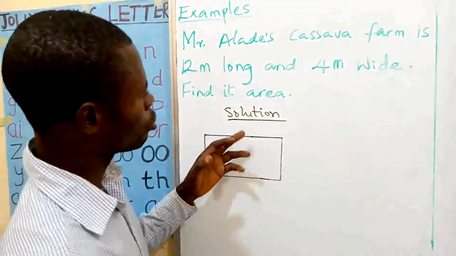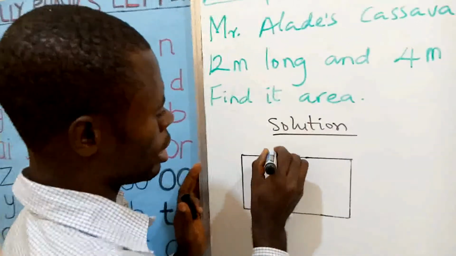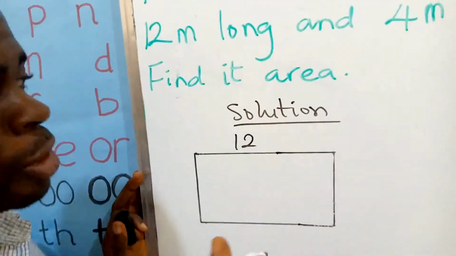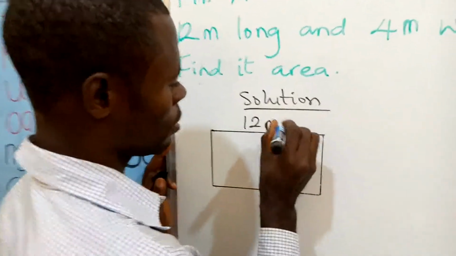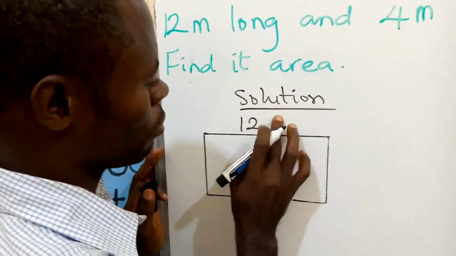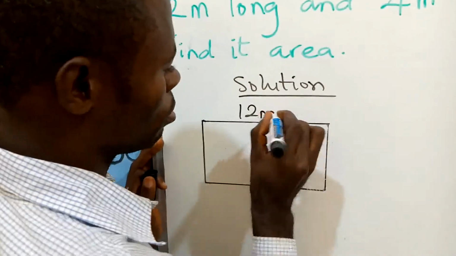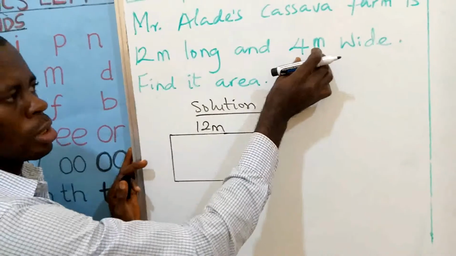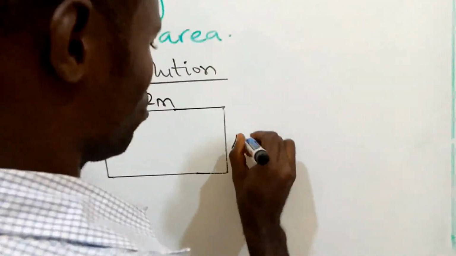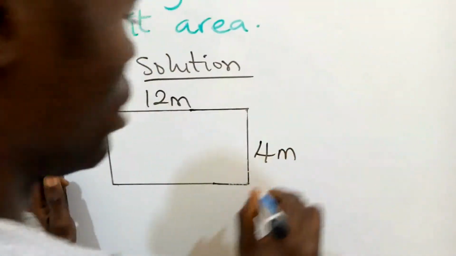So we are writing 12 meters as our length, while the width or the breadth is what? 4 meters.